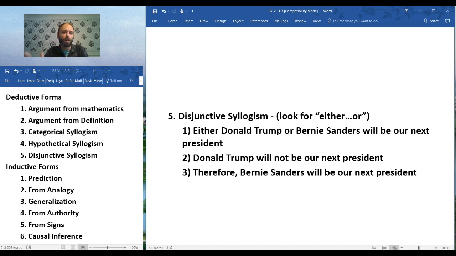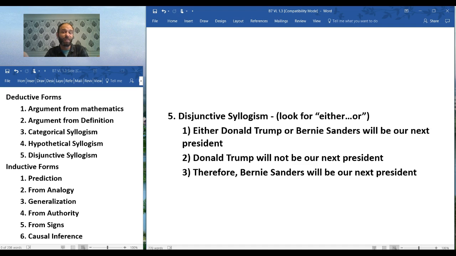Now, you may be thinking, well, look, premise 1 actually isn't true. There were other options to be our next president. But that doesn't make the argument not deductive. It just means premise 1 could have been false, right? There could have been other options. But this is a deductive argument. If those premises are true, they would guarantee the conclusion.